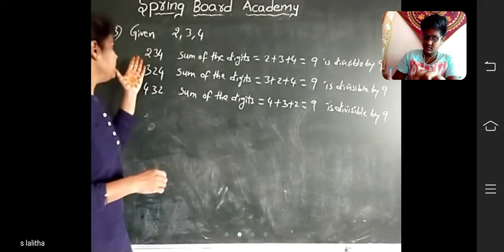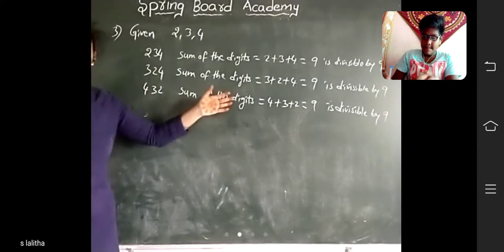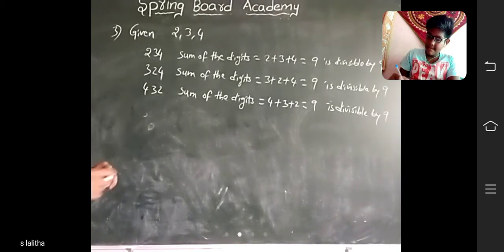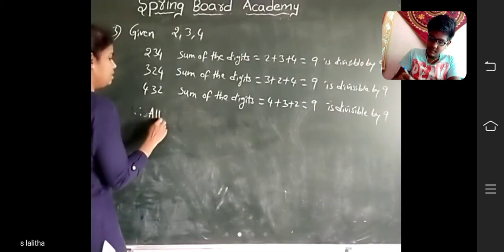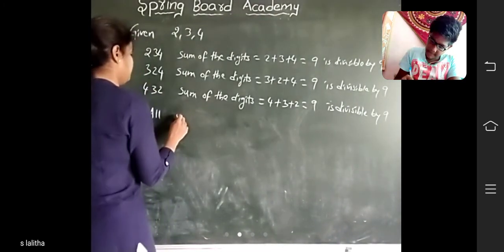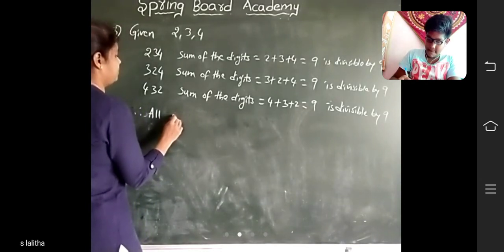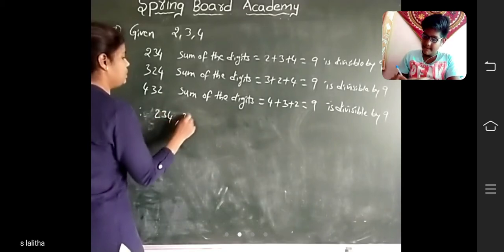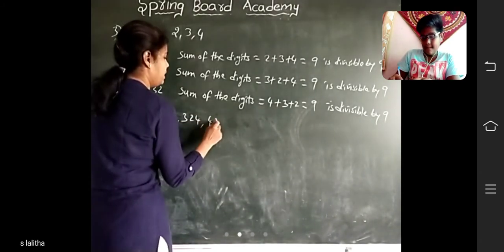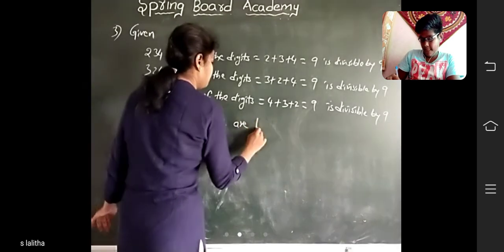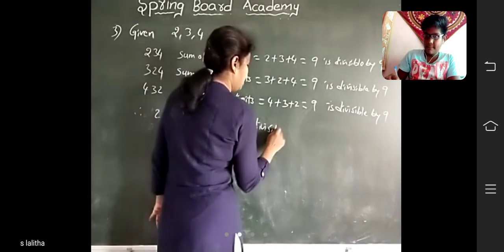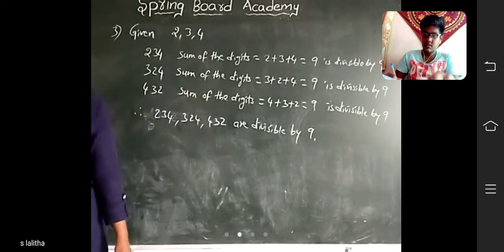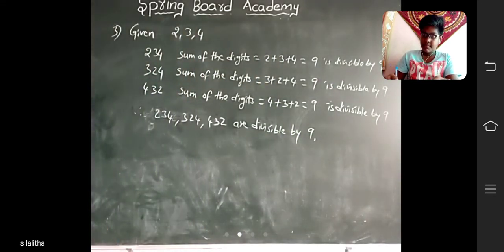So therefore all three numbers, 234, 324, 432, are divisible by 9. Okay, children, did you understand now? Come on, write.